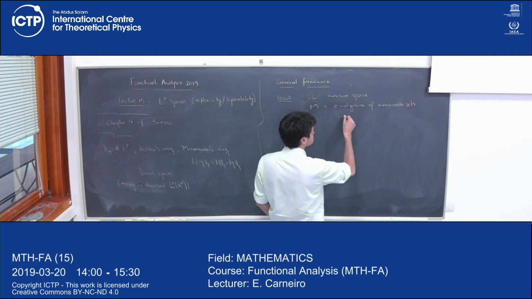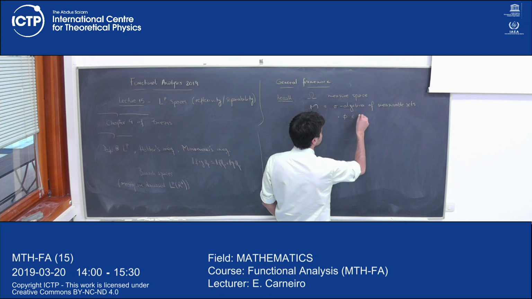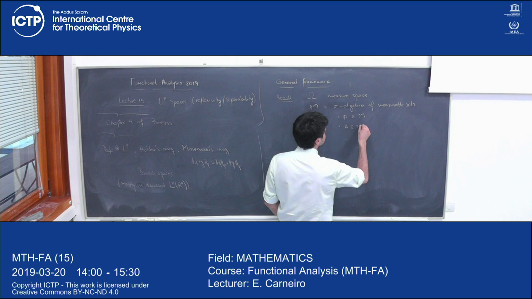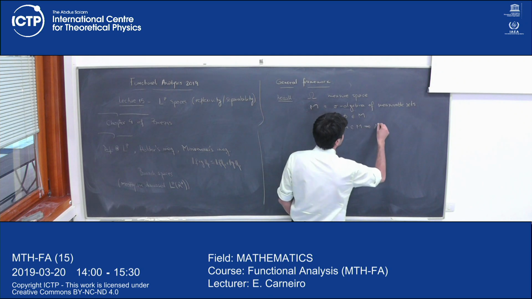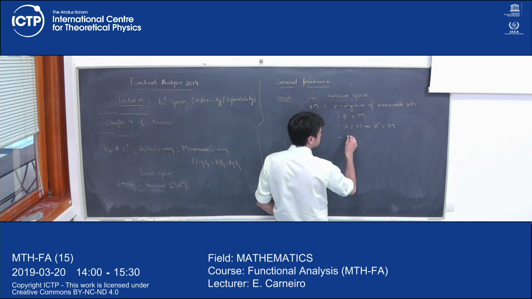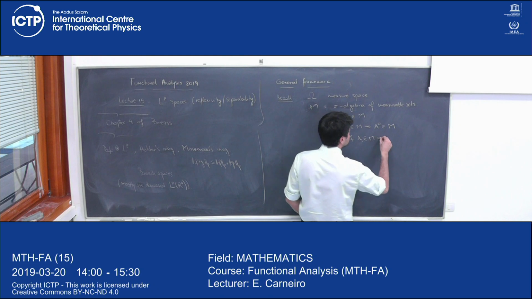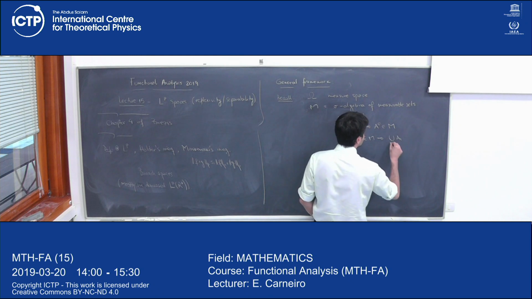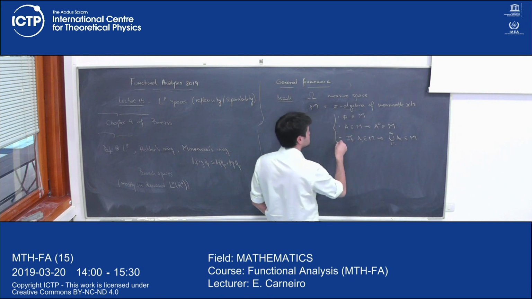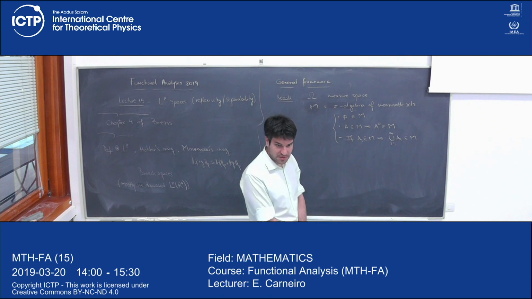The empty set and the whole space belong to the sigma algebra. If A belongs to the sigma algebra, then A complement belongs to the sigma algebra. And if A_i belongs to the sigma algebra, then the countable union of the A_i belongs to the sigma algebra. So a sigma algebra is just a collection of subsets that satisfies these three properties.